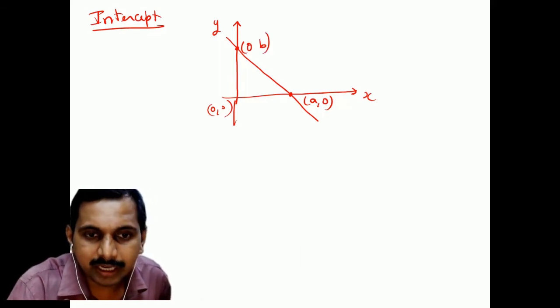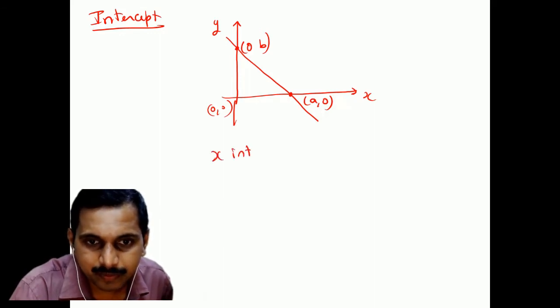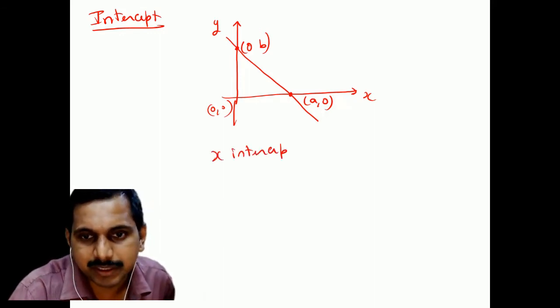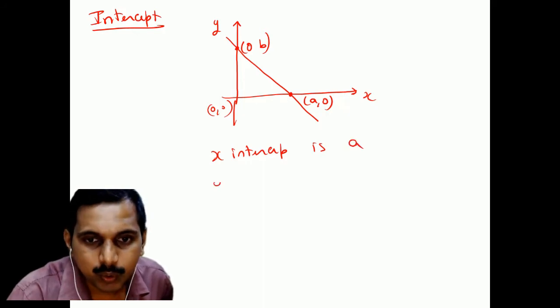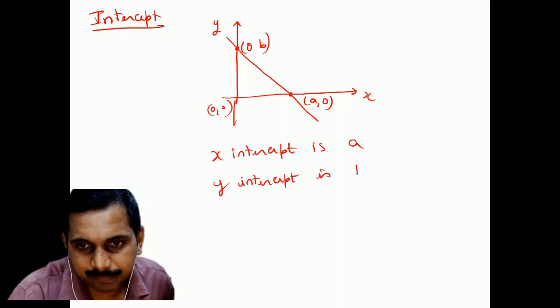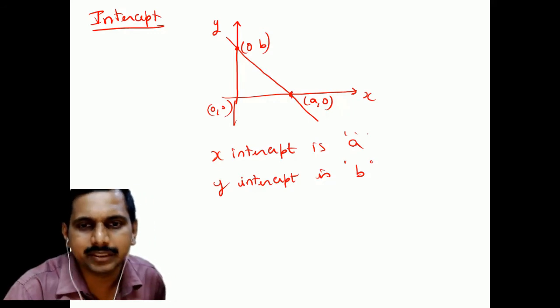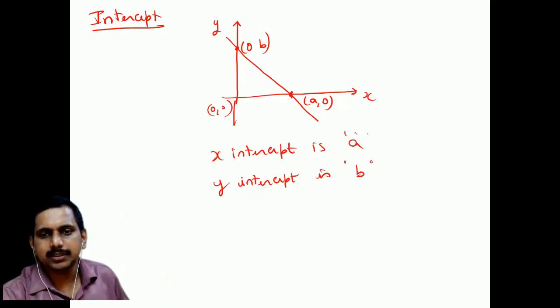Then the x-intercept is a, and the y-intercept is b. Is it clear? Where it cuts, that point, that coordinate is the intercept.